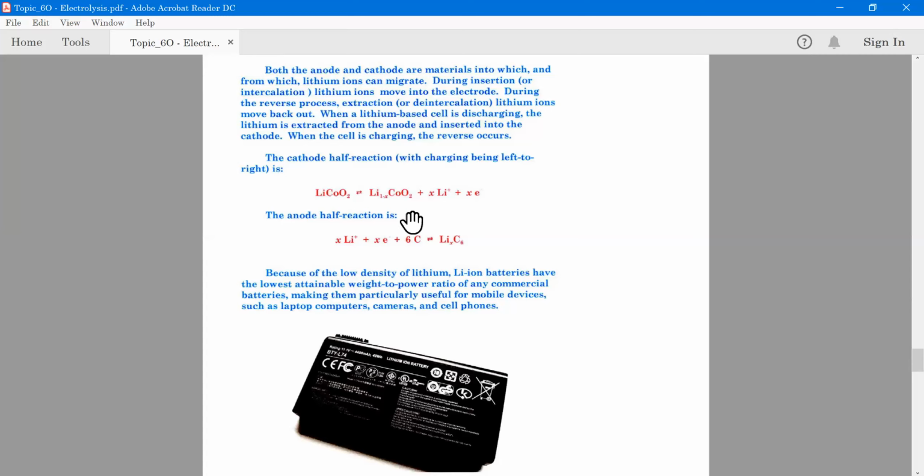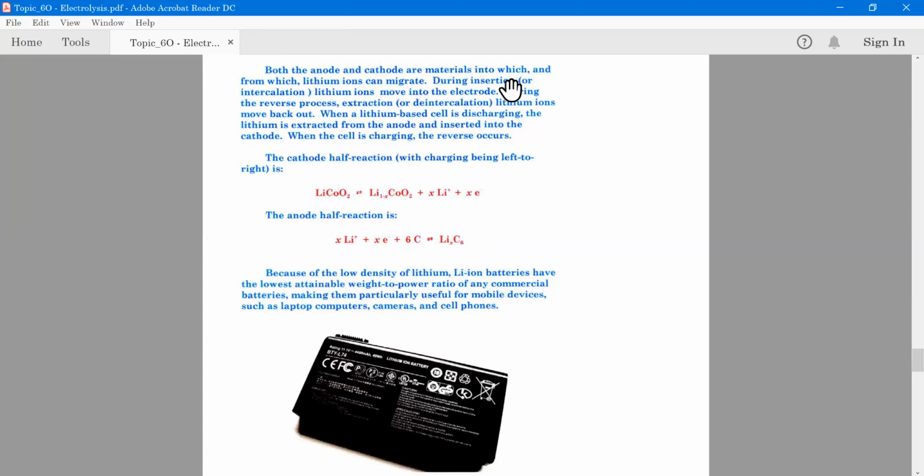Now, the lithium-ion battery is another example of some very interesting chemistry. Both the anode and the cathode are materials into which and out of which lithium ions can migrate. The reason that happens is because lithium atoms are small, and lithium ions are even smaller. So they can easily migrate in and out of the cathode material and the anode material that make up the battery.